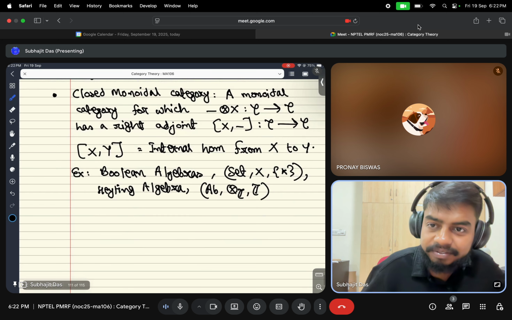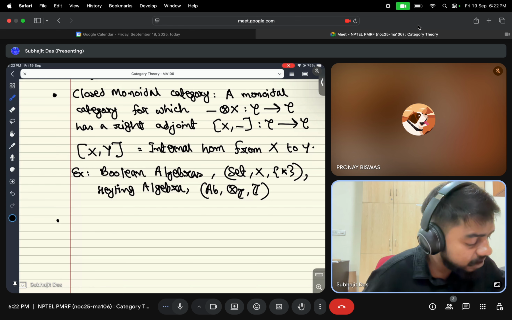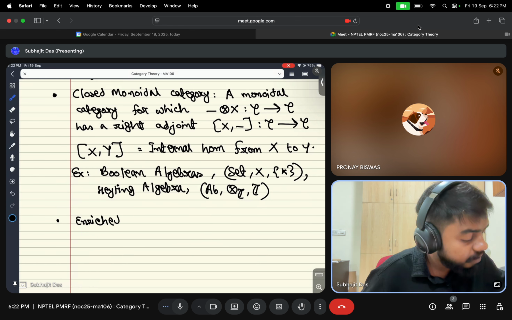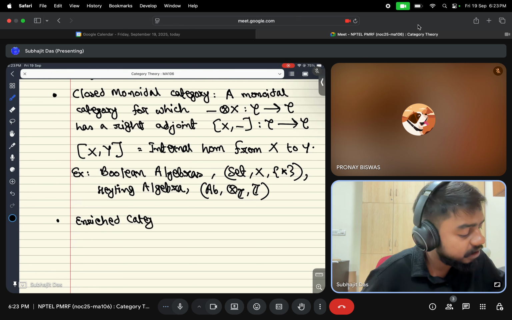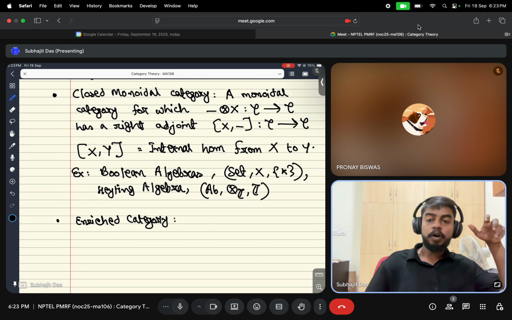I think you briefly touched on what the definition of an enriched category is, but I don't know if that is examinable. So I'll just mention enriched categories, which deal with the Homs of a category. For an arbitrary category, the Hom sets are just sets, or rather classes.